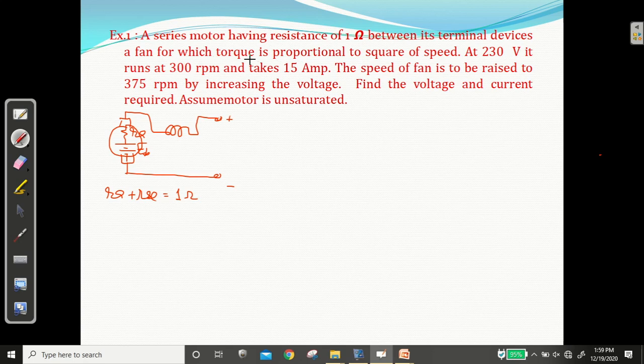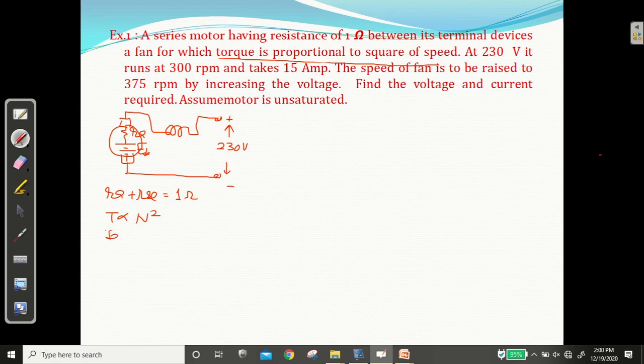And the torque condition is given. Torque is proportional to the square of the speed. So I have given that torque condition. At 230 volts, so VT is given 230 volt, it runs at 300 RPM and takes a current of 15 ampere.